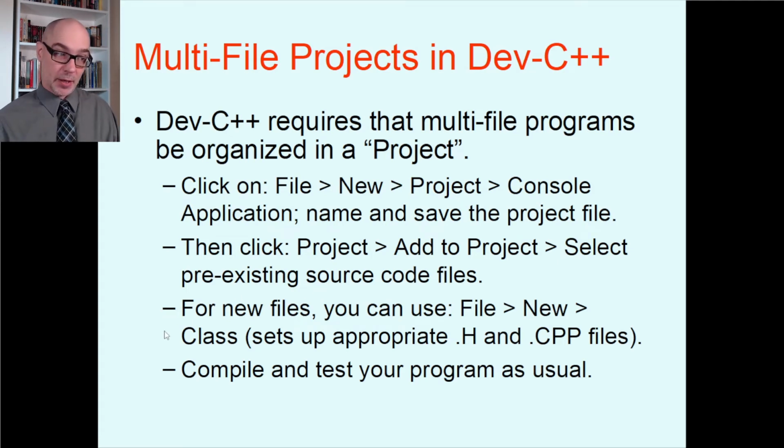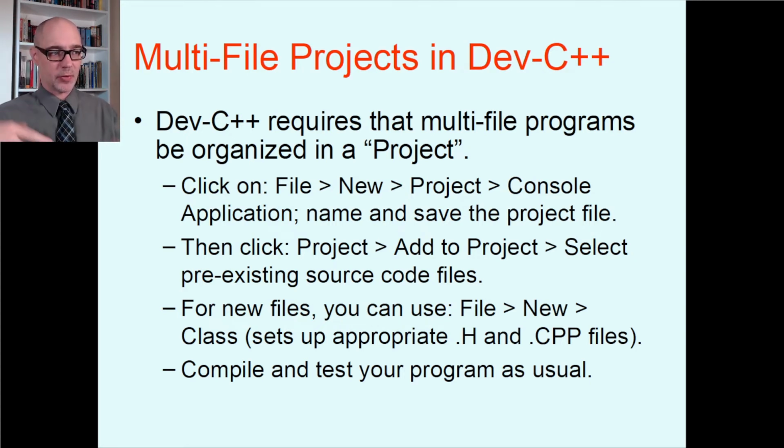Now, if you're adding to it, like if you're doing object-oriented programming and you need to make a brand new class, this is kind of nifty. You can click on File, New Class, and Dev C++ automatically makes both the .h file and the .cpp file at one time. And it actually kind of starts filling it out for you.